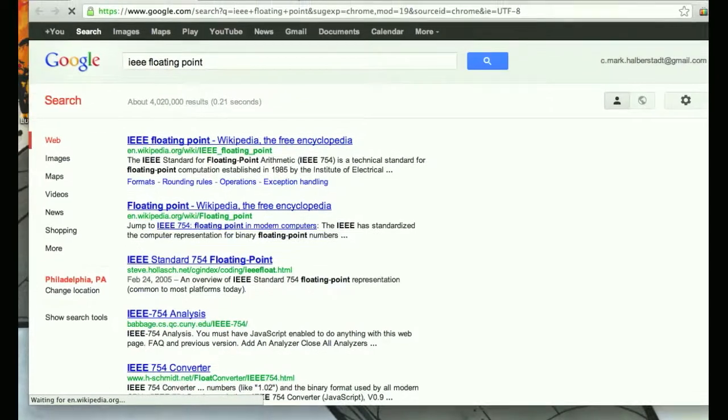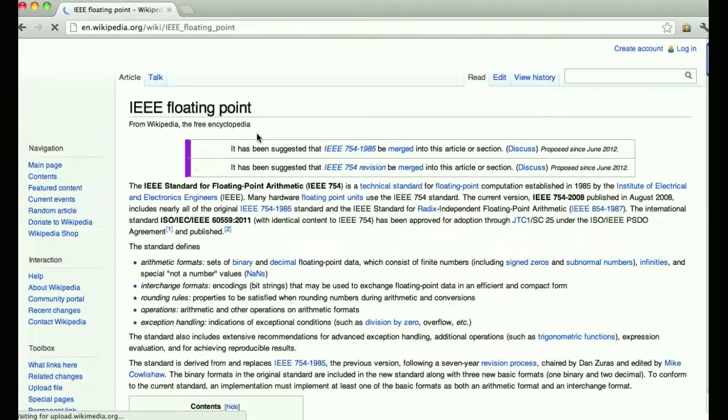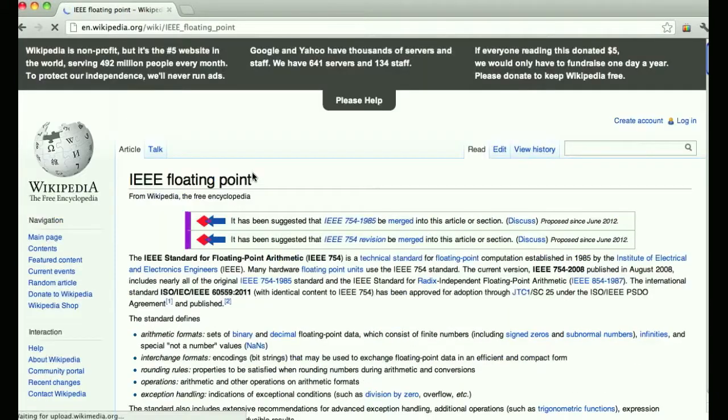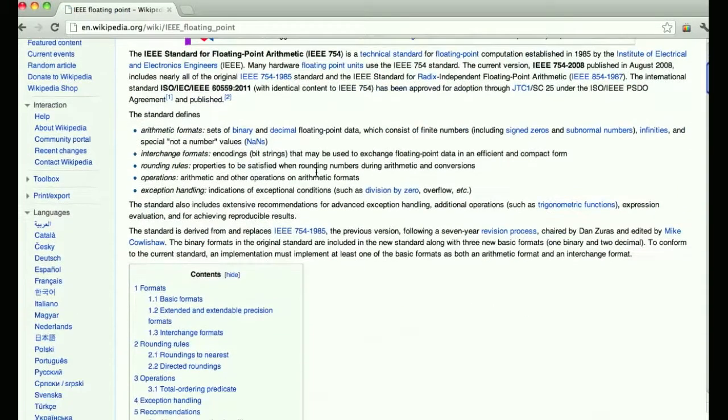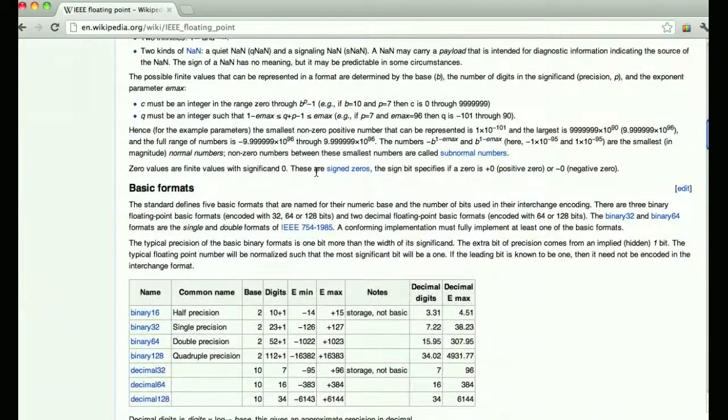There we are. Okay, so let me see if there's a cool diagram somewhere. Let me just have a quick look here.